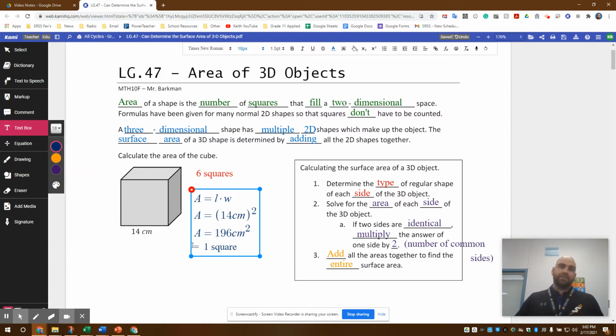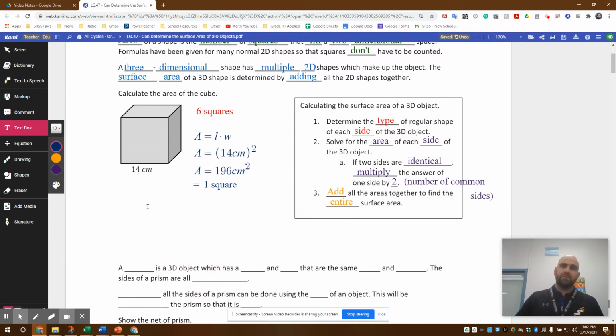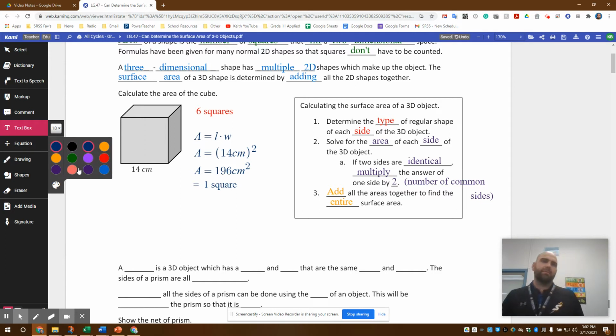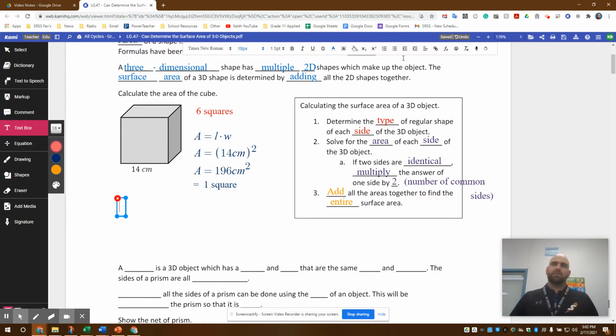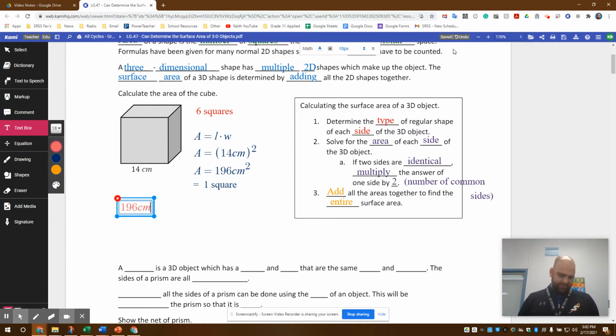Not the whole thing. To find the whole thing, we have 6 even squares that go all the way around. And so we're going to take our answer and multiply it by 6. So we're going to take the 196 centimeters squared and multiply that by 6.